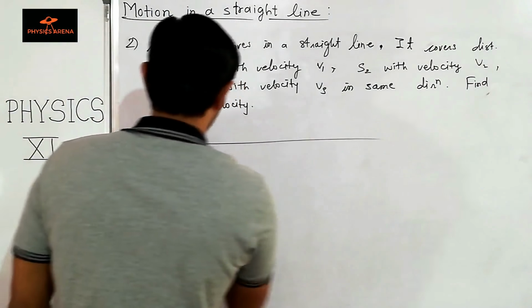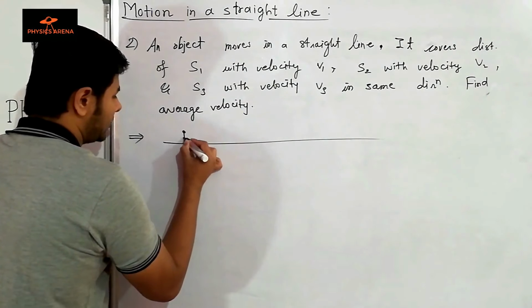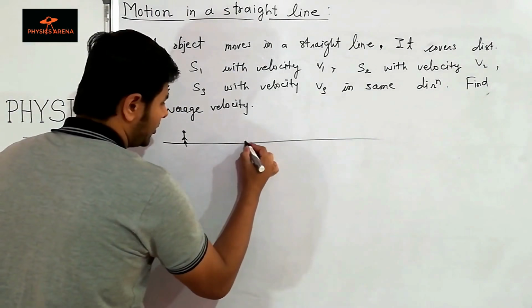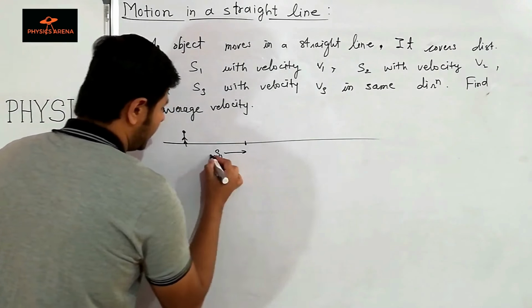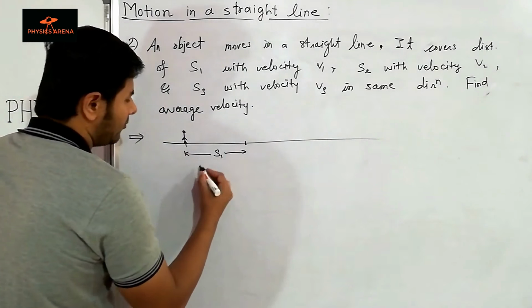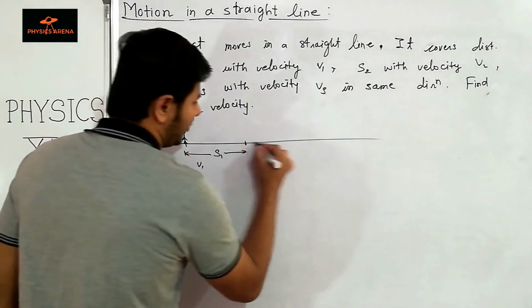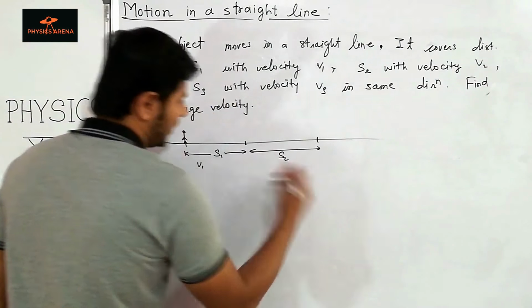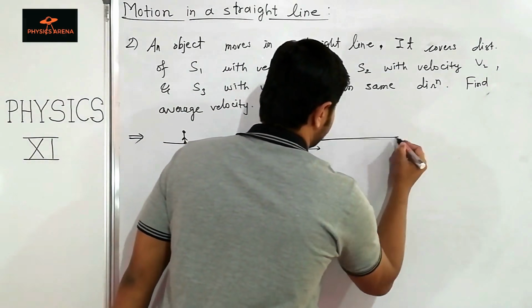Suppose this is straight road, this is an object, person running on this road goes up to here with velocity v1, then from here to here it moves with velocity v2, this is s2, and this is s3.